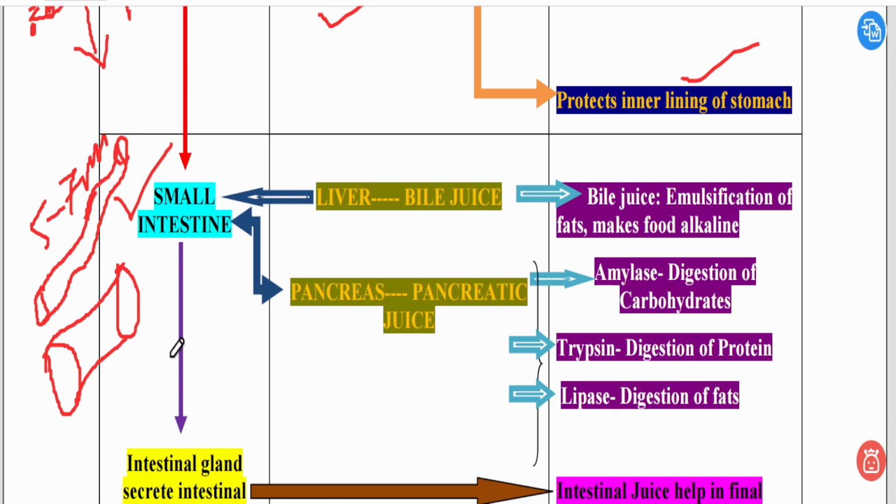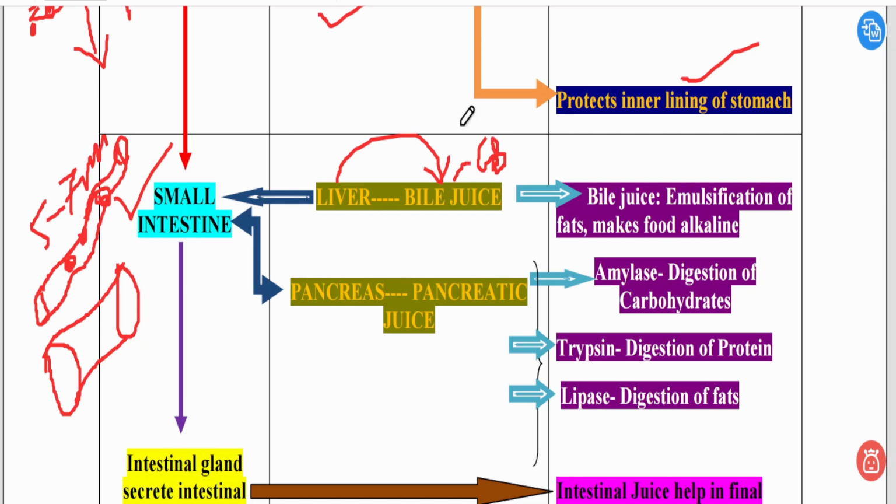Now here, when the food particles are staying in the small intestine, the liver helps the small intestine. How? The liver secretes a juice that is called bile juice, and this bile juice is stored in the gall bladder.